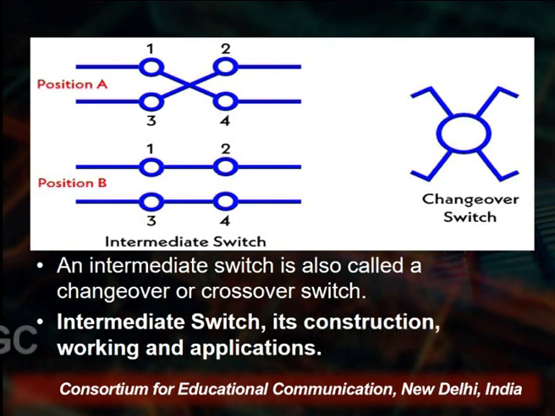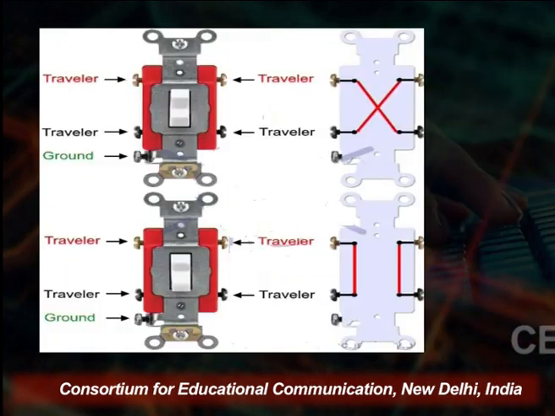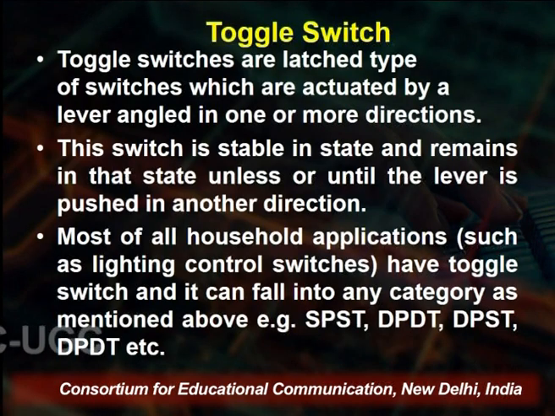And intermediate switches are also called changeover or crossover switches. You see on the screen that these are the changeover or crossover switches. On the upper side, you see that the circuit is connected through the cross, and in the lower diagram we see that it is parallel connected.